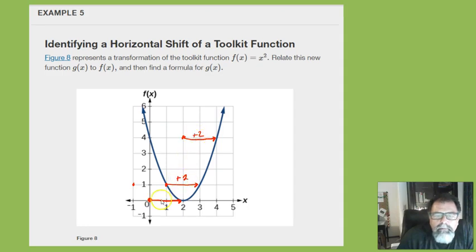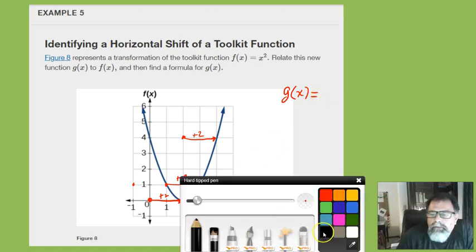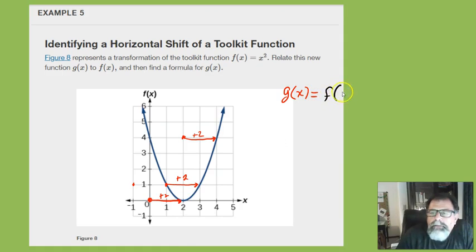So remember, a horizontal shift: g of x is going to be f of x, and we're shifting it 2 units to the right, so this is going to be minus 2, because remember it does the opposite. So plus 2, we want minus 2 in here. Then we take this x minus 2 and plug it into the f of x function. So that would be x minus 2 squared.